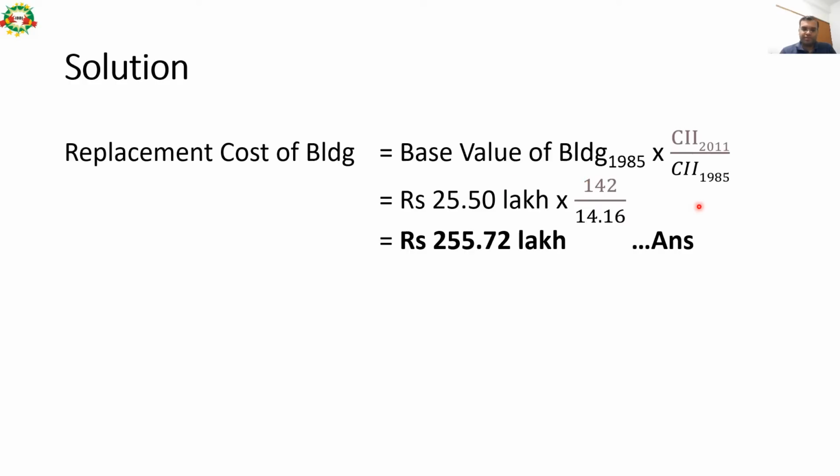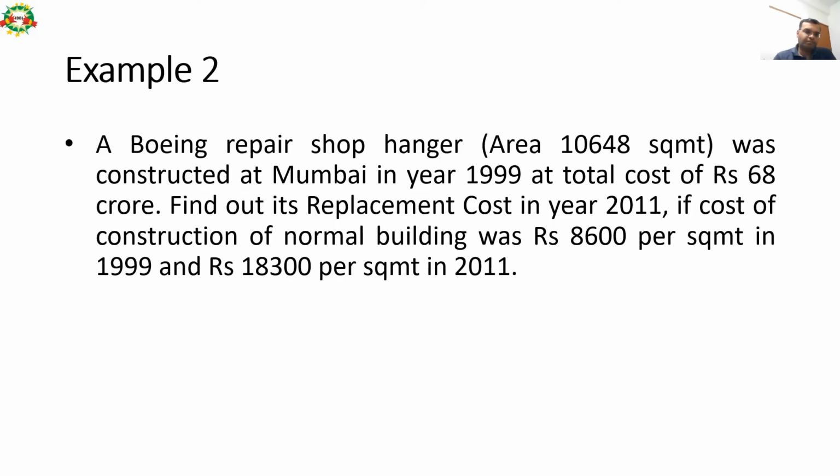So here, base value of building in 1985 is 25.50 lakh. Cost index for 2011 and cost index for 1985 are equal to 142 and 14.16 respectively. So putting all these data in this formula, we get the answer, which is 255.72 lakhs, and normally 1 mark numerical may come out of it.